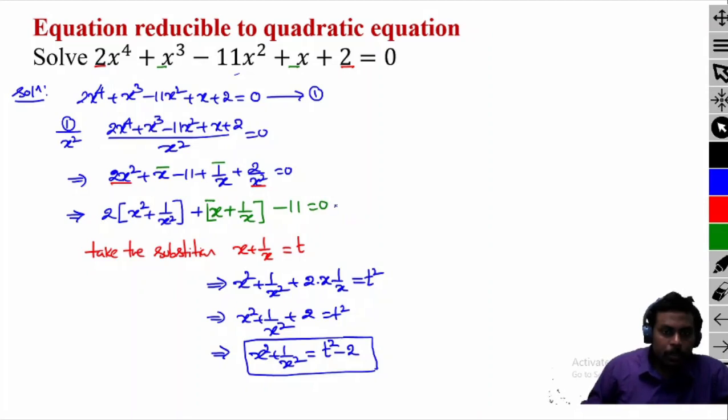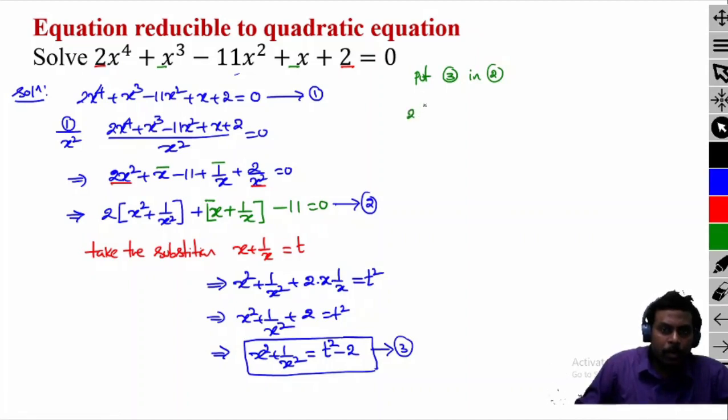So we call this equation 2, and this we call equation 3. Now put equation 3 in equation 2.